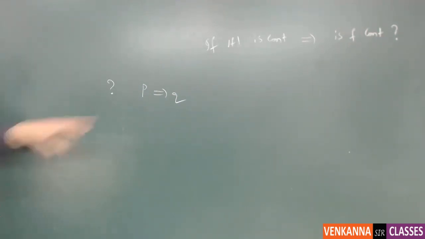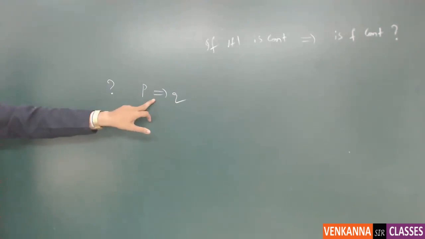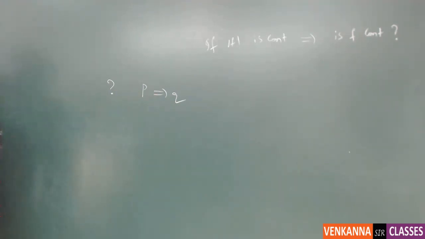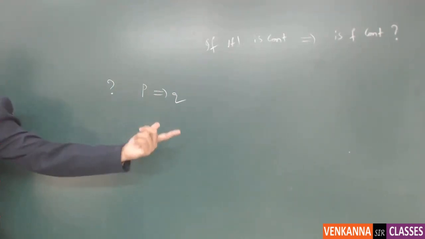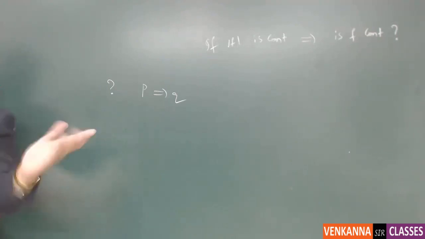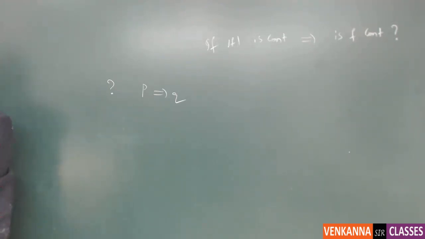If you want to prove that it is not correct, what can you do? Yes, assume it is correct and prove that you are going to get a contradiction, that is 100% perfect.